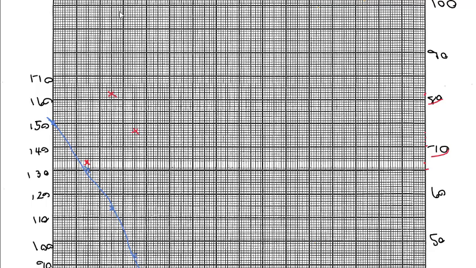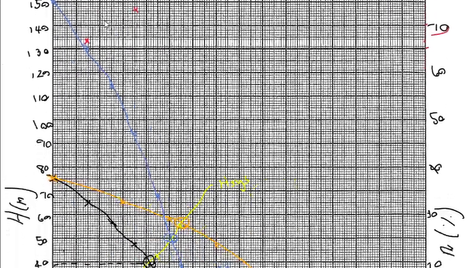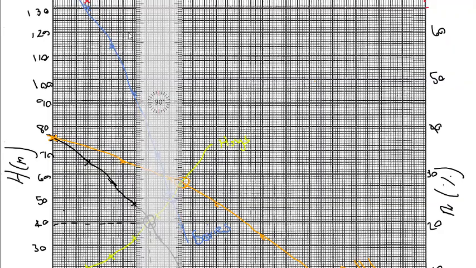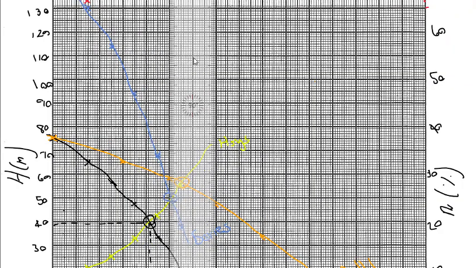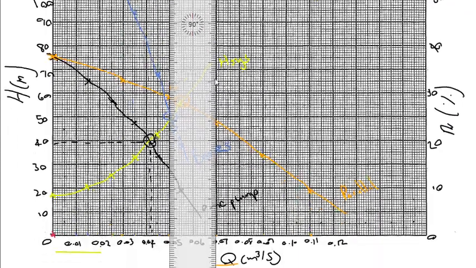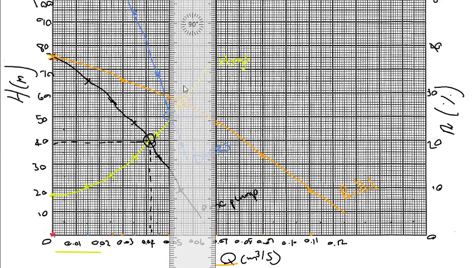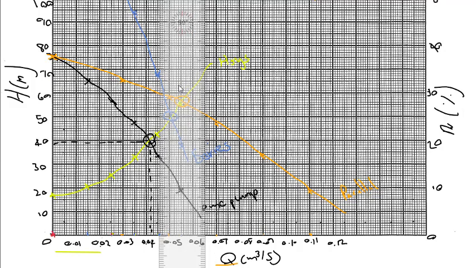Then our second last one is the 55%. So let's use our ruler again and move on to our next discharge point, which in this case will be 0.045. This one right here.